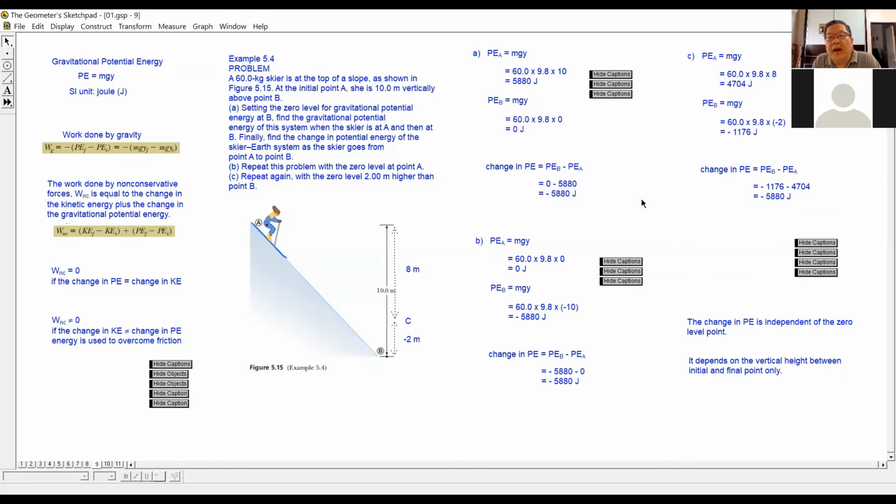Now, again, I want to explain to you why it is negative. Negative means you are not putting in energy. Consider yourself to be the skier. Did you put in any energy to move from A to B? No. You slide down by yourself.